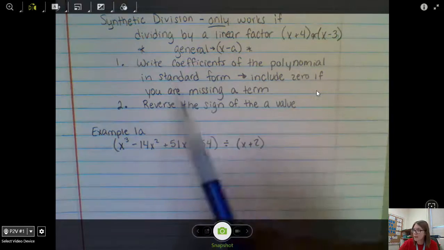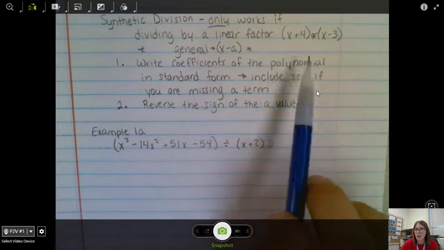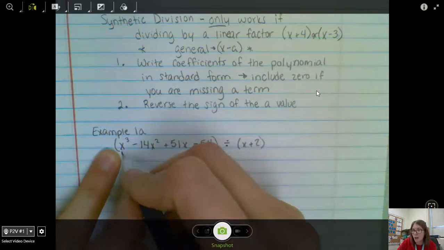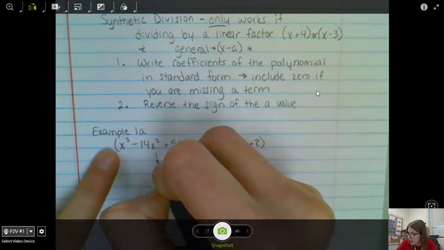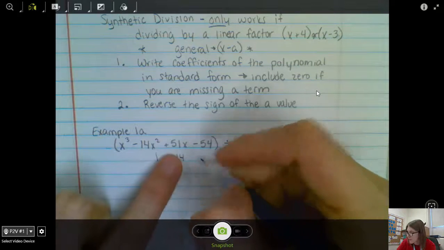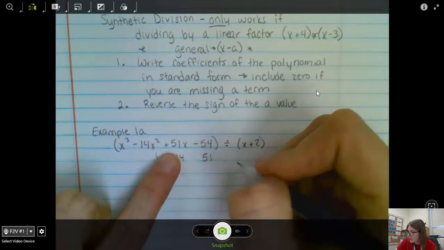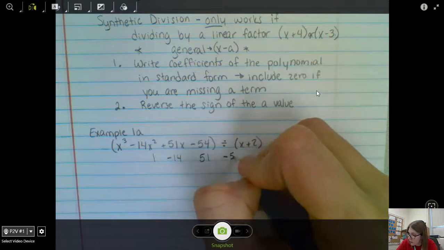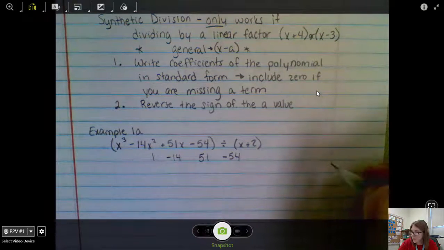Let's look at my steps up here. Step 1 again, write the coefficients in standard form. My coefficient here is really a 1. Then I have negative 14, 51, and then my constant is negative 54. We want to include that also.